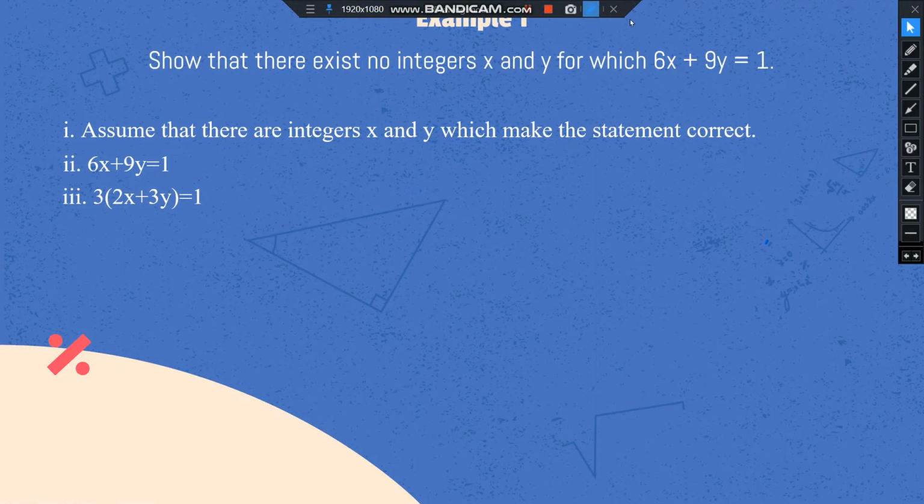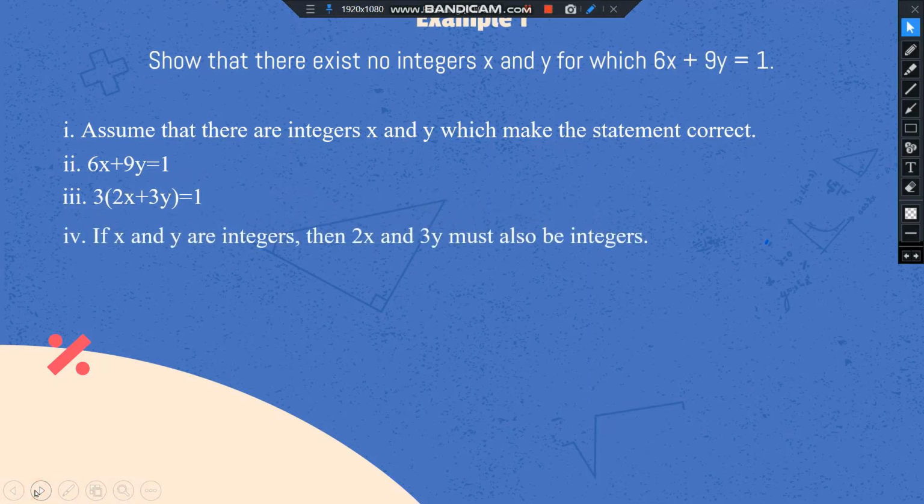So we take the common multiple of these two, so 3 times 2x is equal to 6x, and 3 times 3y is equal to 9y. So we just took the common multiple out. If x and y are integers, then 2x and 3y must also be integers. So an integer plus an integer must be equal to an integer.